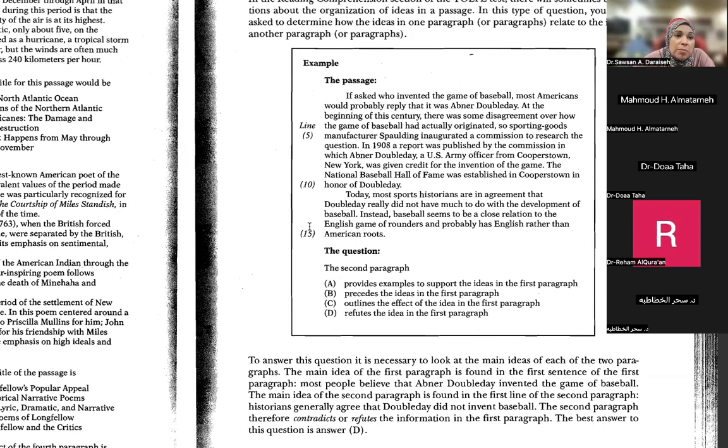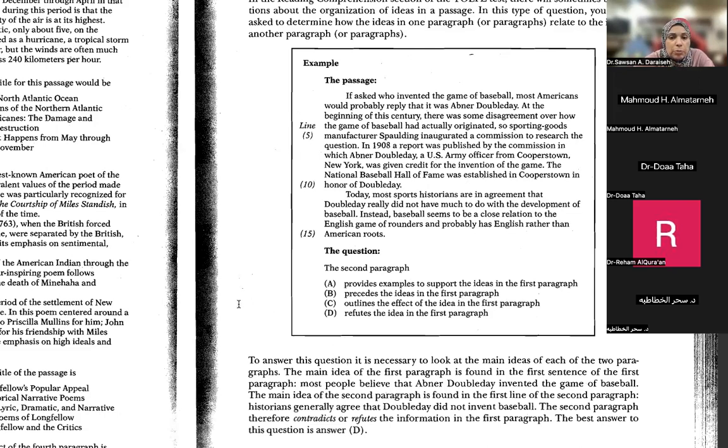The style of the question is important because it will be repeated in other exams. Words like refute, outline, precedes, provides come again, but about something else, not baseball. Got it, Dr. Mahmoud? Yes. These words you have to memorize, because they're repeated on and on.